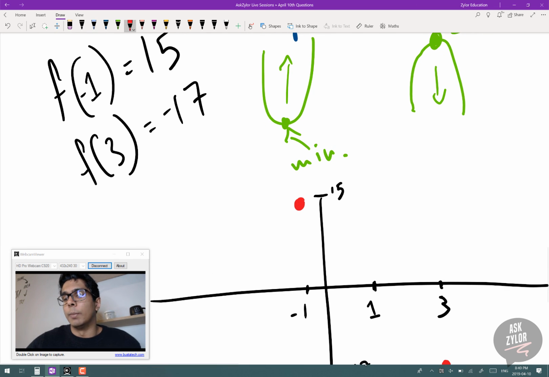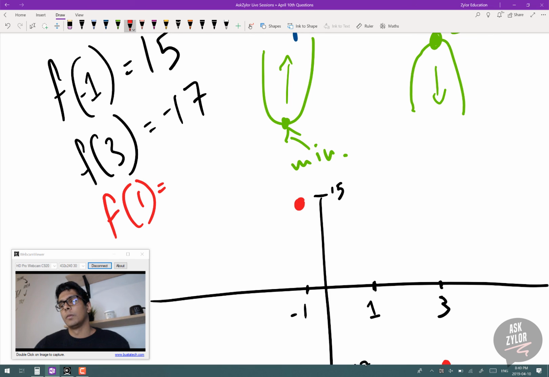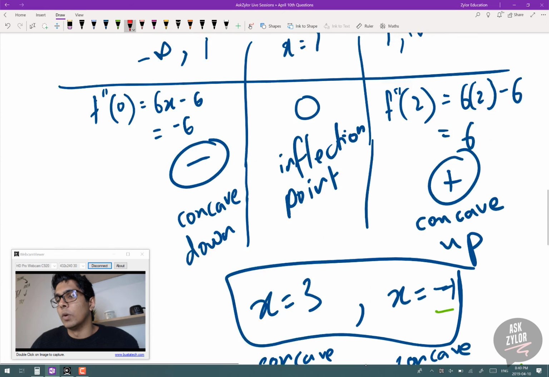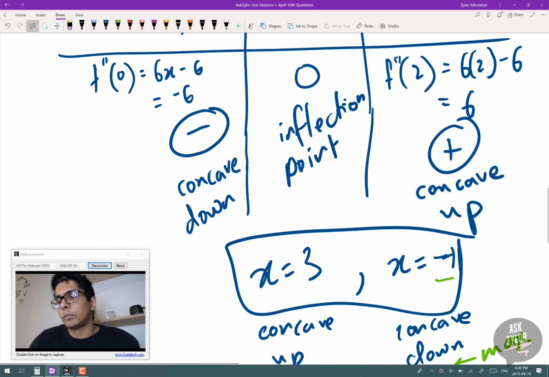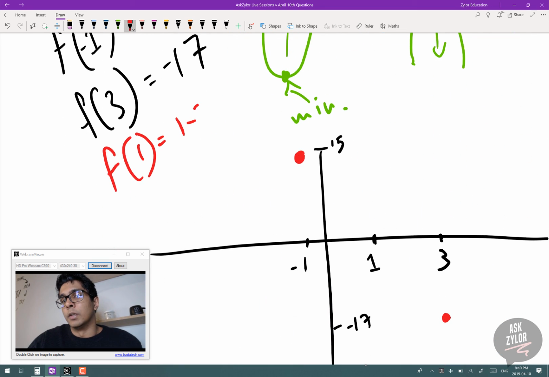Then I can find where my inflection point is, which is f at 1. If I plug 1 into my original function again, I get 1 minus 3 minus 9 plus 10. So that's going to be negative 1. So it should be somewhere around here.